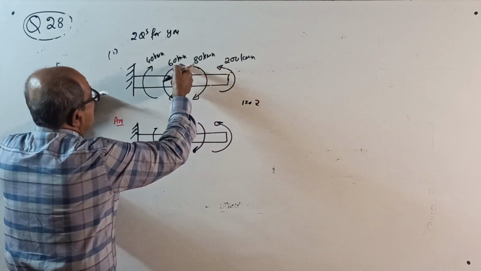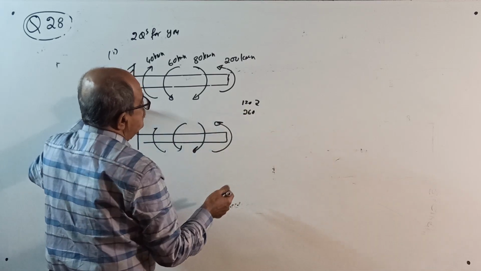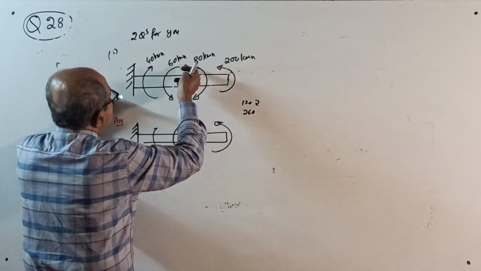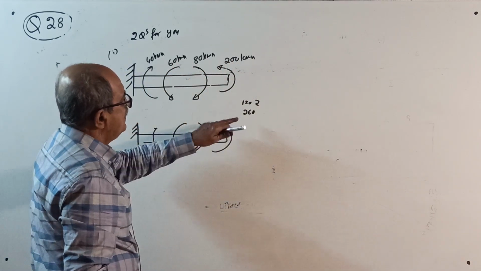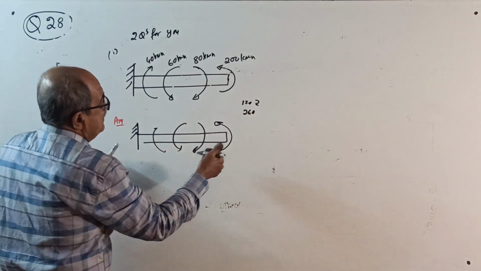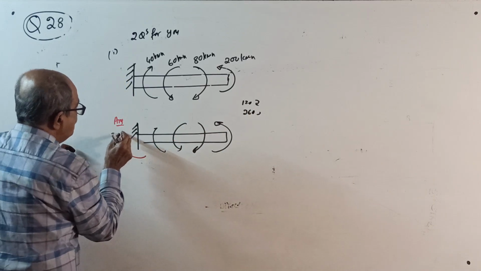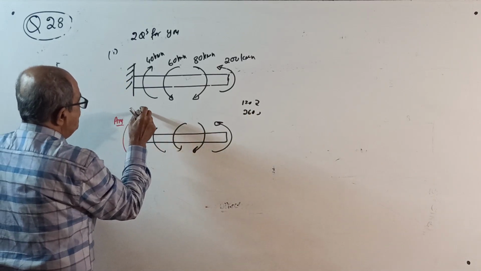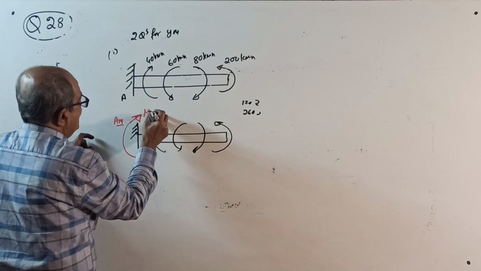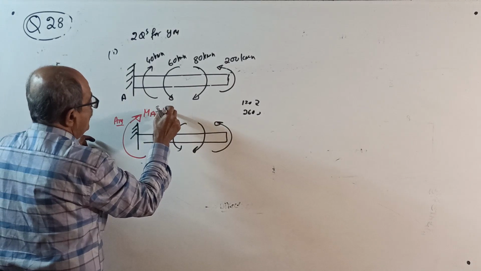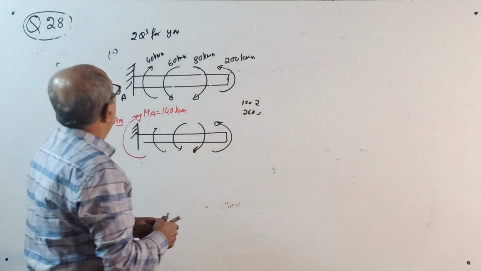Anti-clockwise 200, anti-clockwise 60, anti-clockwise 260. 260 anti-clockwise and 120 clockwise leaves 140. This is anti-clockwise, so MA, the support being A, will be clockwise of 140 kilonewton meter. See, now it came clockwise here. Second question.